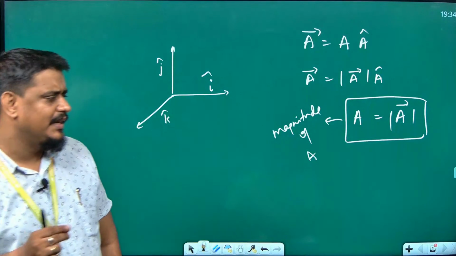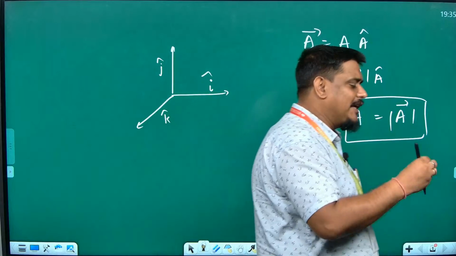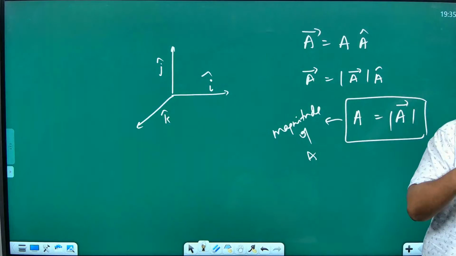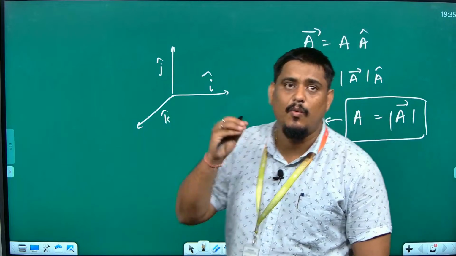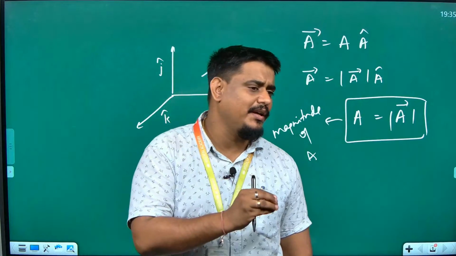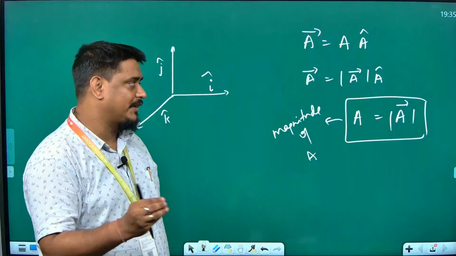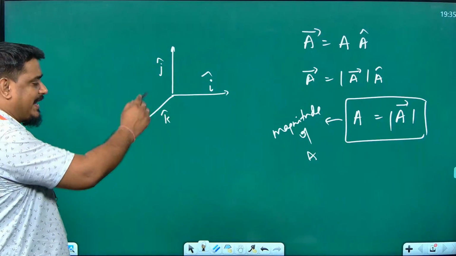For example, if I say force is 5 Newton j cap, it means 5 Newton force is acting in the y direction. This is the way you talk about the direction of vectors by i cap, j cap and k cap.